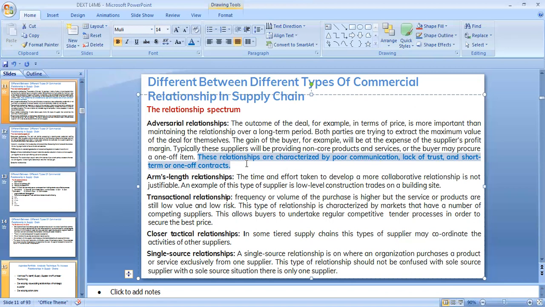So this next one on the list is the single source relationship. A single source relationship is one where an organization purchases a product or a service exclusively from one supplier. You're buying from one supplier. This type of relationship should not be confused with a sole source supplier.